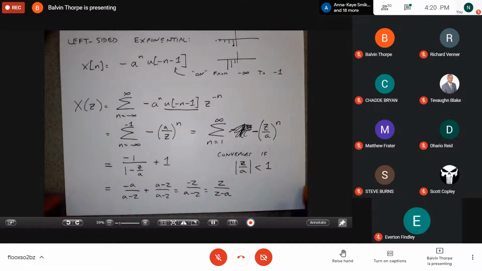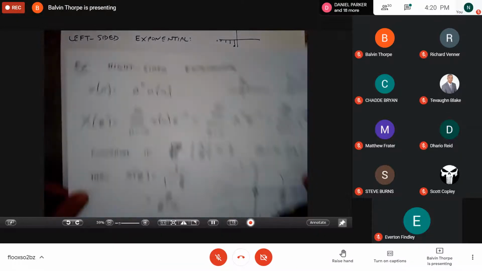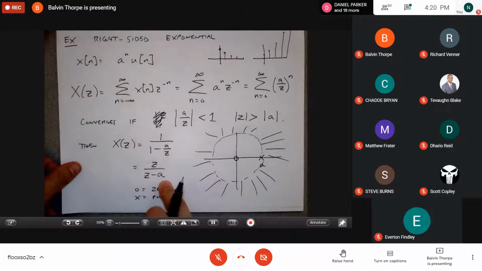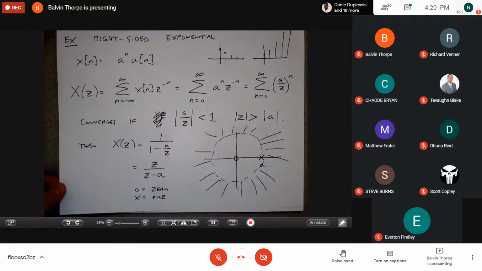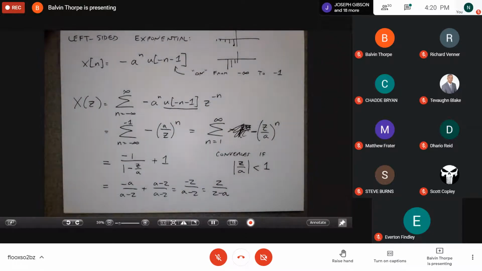And so here's a part where I stop and say, well, wait a second. This is actually the very same z transform that I got last time. If I look back at my other example, I ended up with the z transform being z over z minus a. So that seems wrong. It seems like I shouldn't be able to get two discrete time signals that have the same z transform.